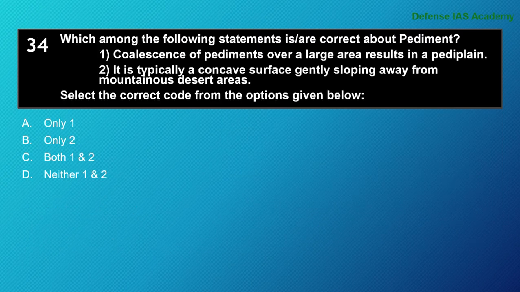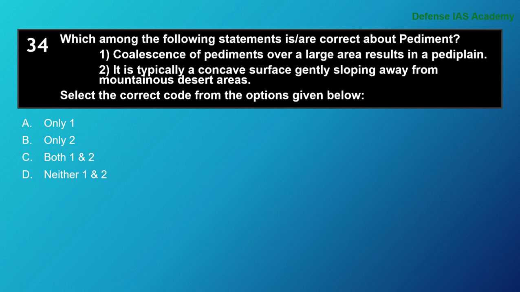Next question. Which among the following statements are correct about pediment? One, coalescence of pediments over a large area results in a pediplane. Second, it is typically a concave surface gently sloping away from mountainous desert areas.